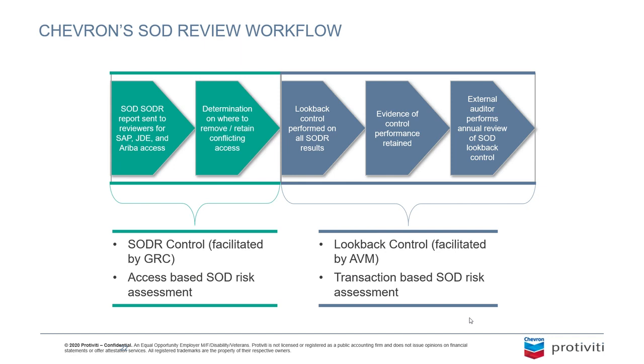Ultimately what it'll do is take that user risk data that you're already looking at, based on the access the users have from Access Control, and feed that into AVM to do the actual transactional look-back analysis. So in that way, these two systems really complement one another, and AVM is building on that baseline user access risk analysis that's already taking place in GRC.